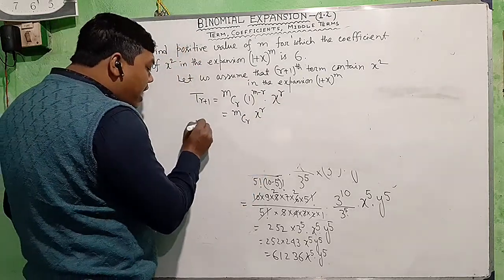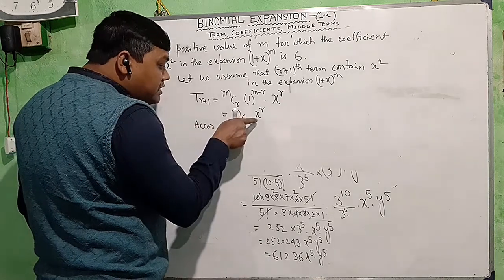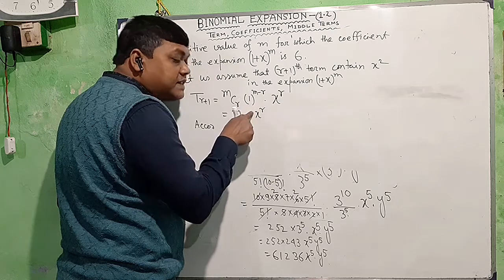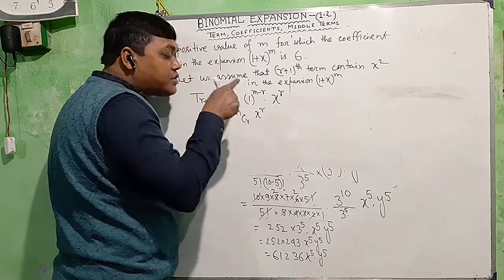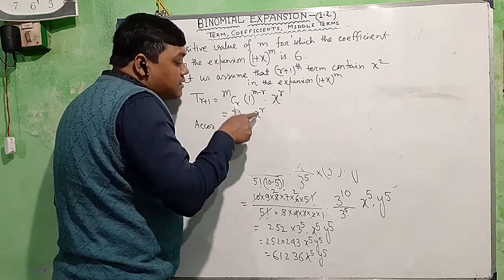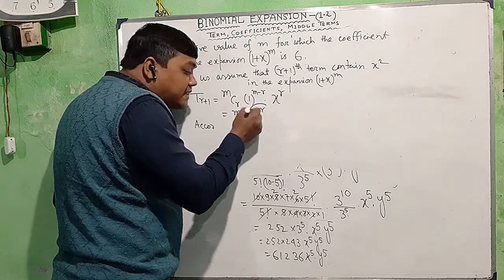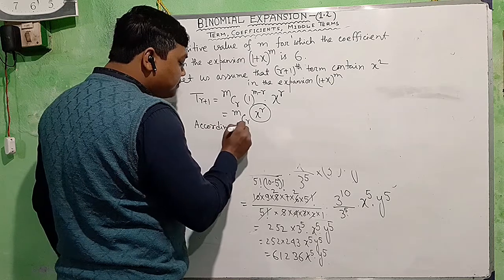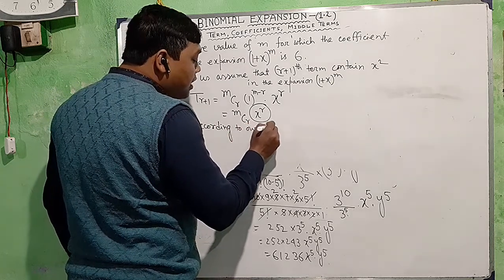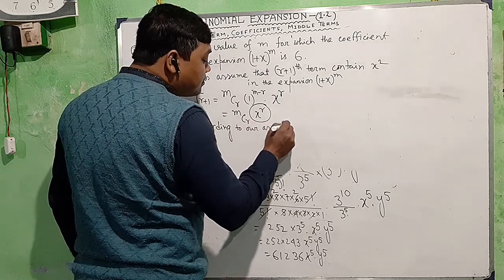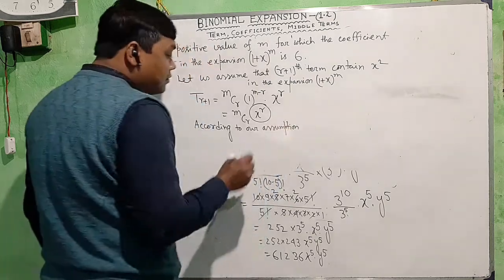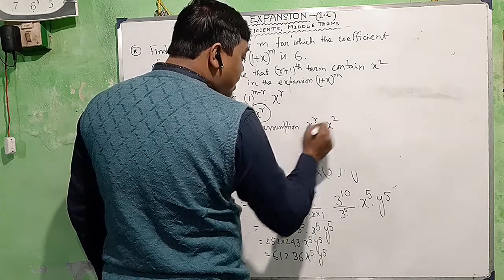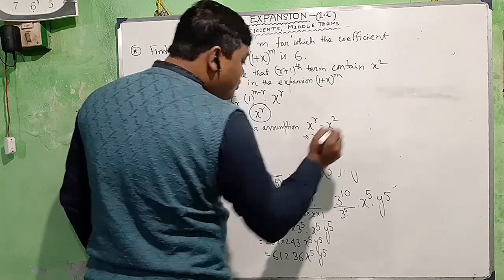According to our assumption, x to the power r must be x square, because I have already assumed that t r plus 1 contains x square. So x to the power r equals x square, which gives r equals 2.